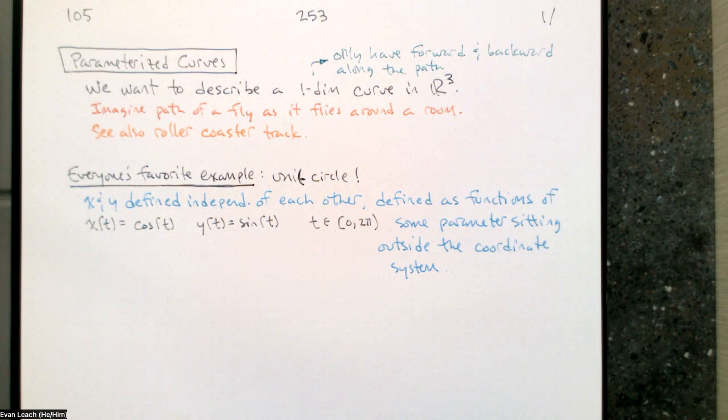So rather than say x is a function of y or y is a function of x, x and y are independent of each other and defined as a function of some parameter sitting outside of the coordinate system. t is not one of the coordinates. We just have x and y coordinates.